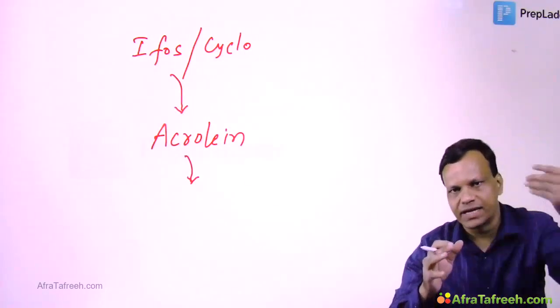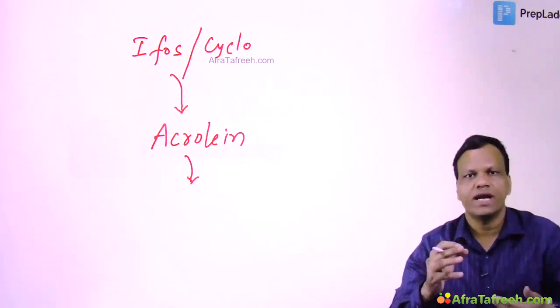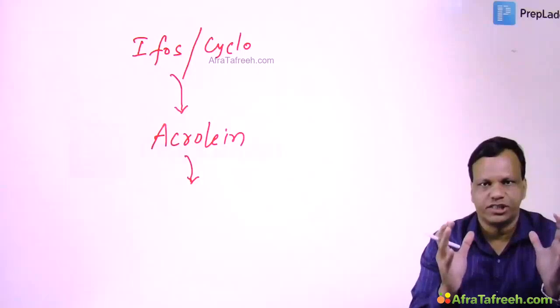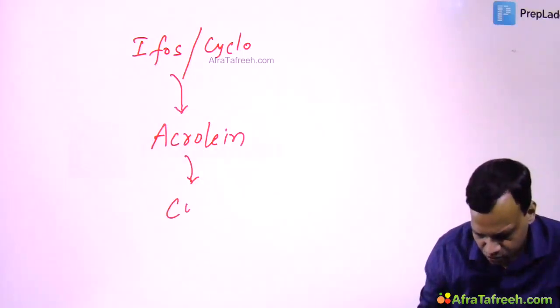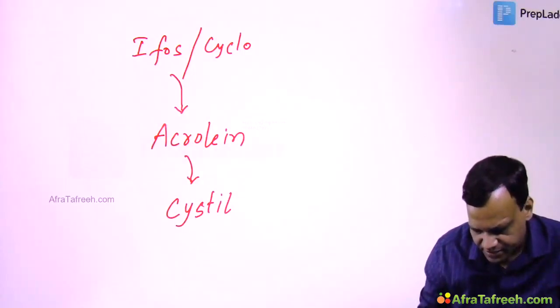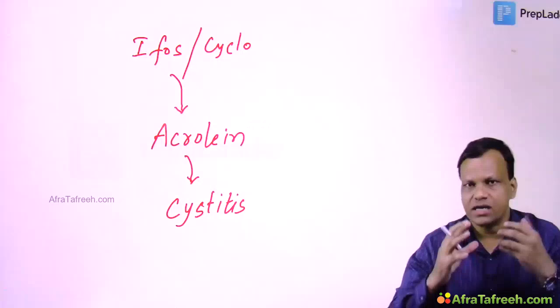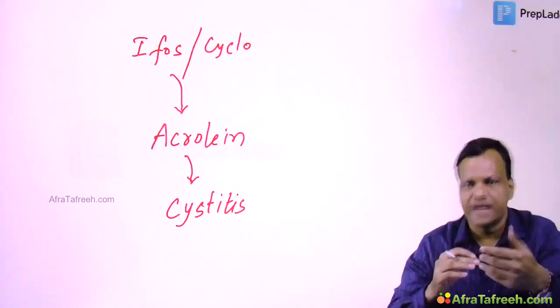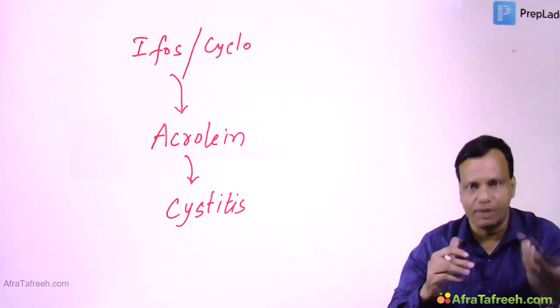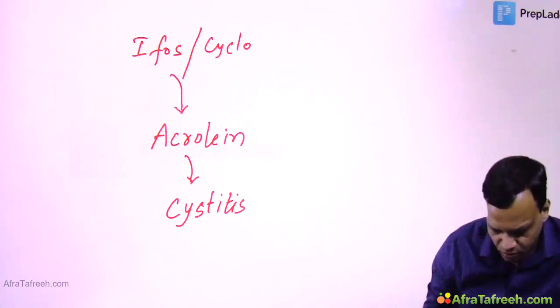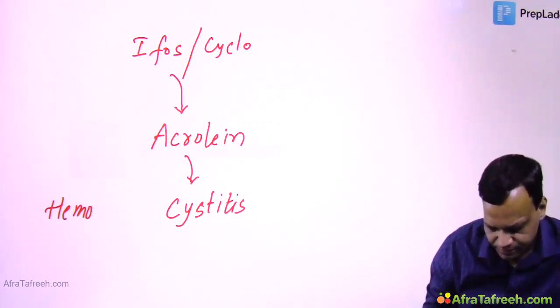It is filtered by the kidney, then comes into the urinary bladder, and there it leads to inflammation. Inflammation of the urinary bladder is known as cystitis. Many times the inflammation is so severe that it leads to bleeding, to hematuria. So this cystitis is known as hemorrhagic cystitis.